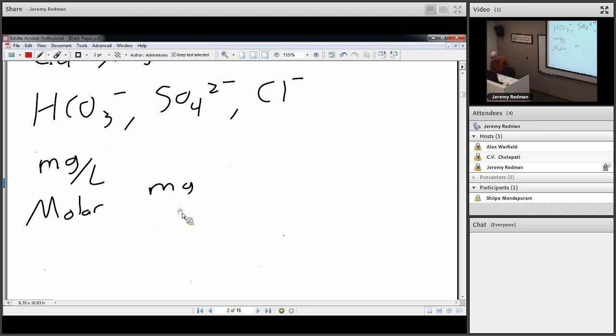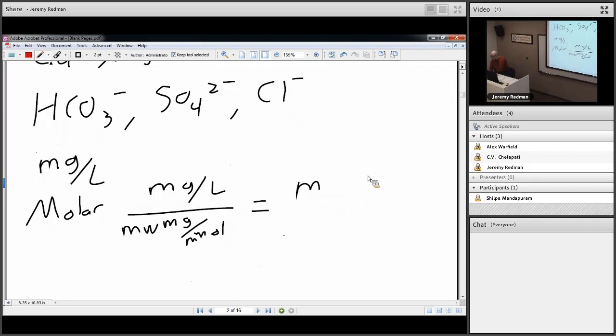And we would take our milligram per liter concentration and divide it by the molecular weight, which has units of grams per mole. We recognize that gram per mole, we could just do milligram per millimole, put a little m. The milligrams cancel out.